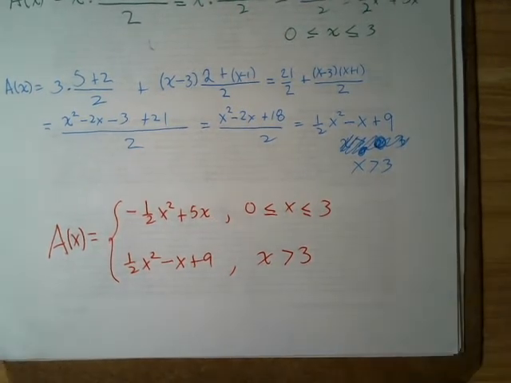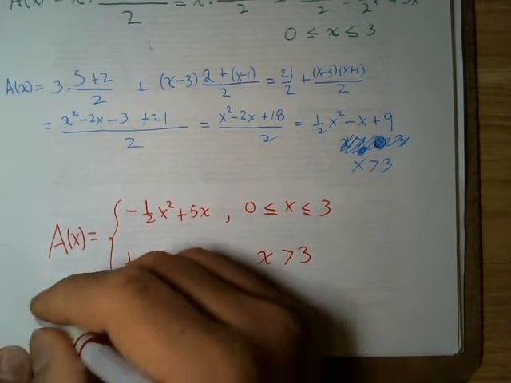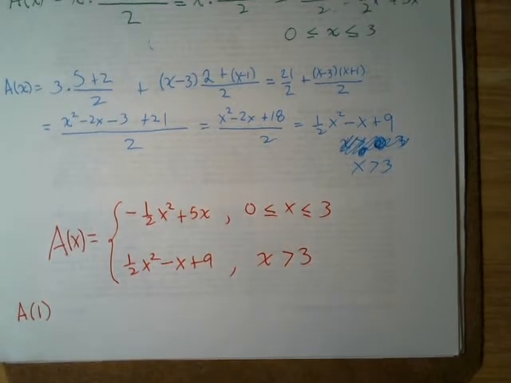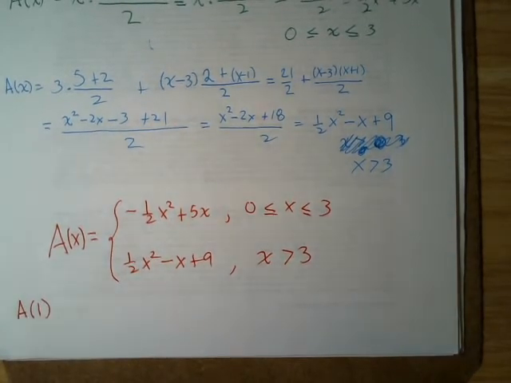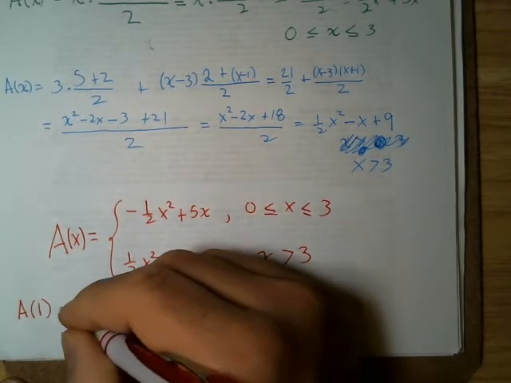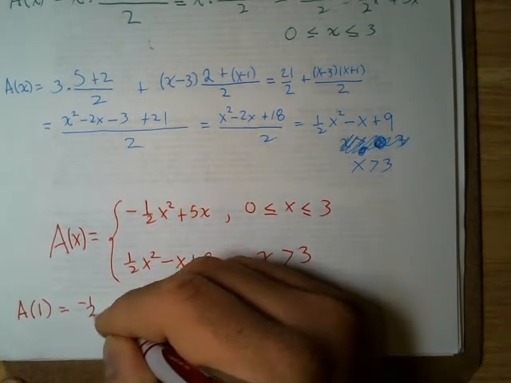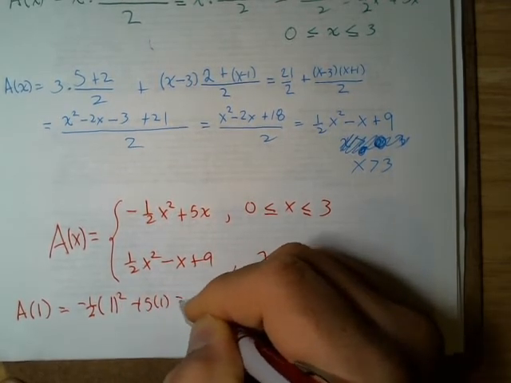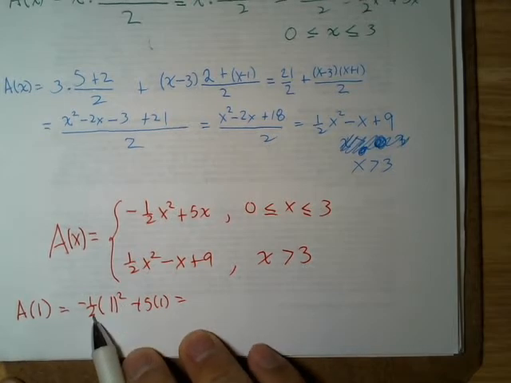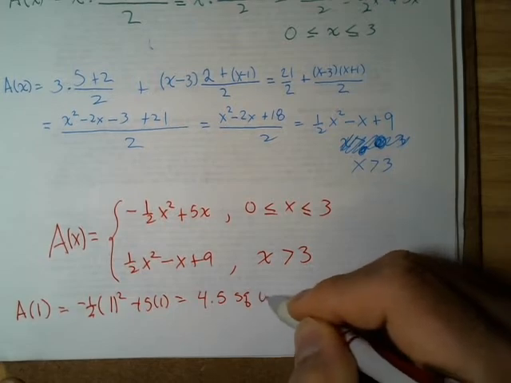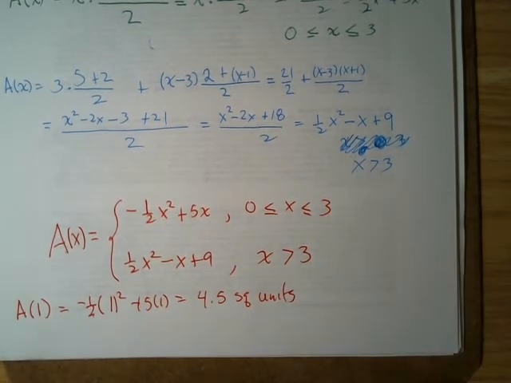Then we can always double check our work from part B and C, just to confirm that this works. If I choose a of 1, I could plug it in here: negative 1/2 times 1 squared plus 5 times 1. That's negative 1/2 plus 5, which is 4.5 square units, just like we got in the previous one.